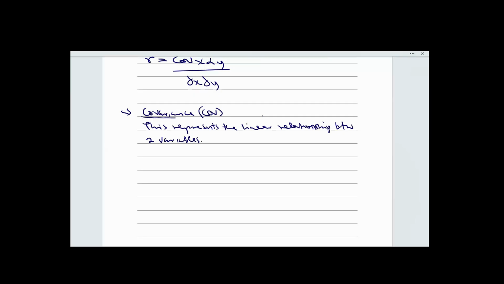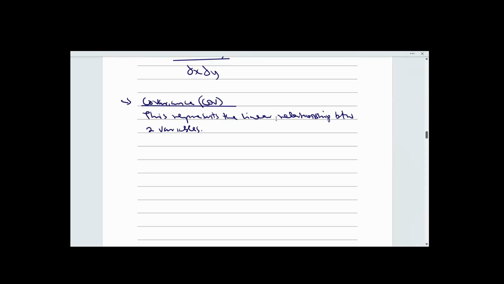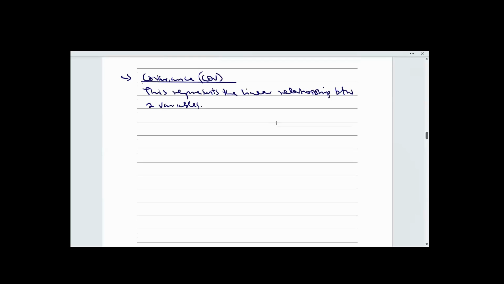So when you want to measure the linear relationship between securities in a portfolio, you need to determine the covariance. The covariance between security X and Y will be computed as the summation of probability multiplied by X minus X bar multiplied by Y minus Y bar. This will give you the covariance between securities in the portfolio.